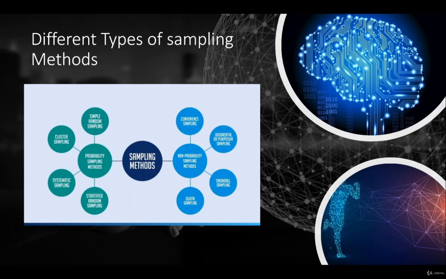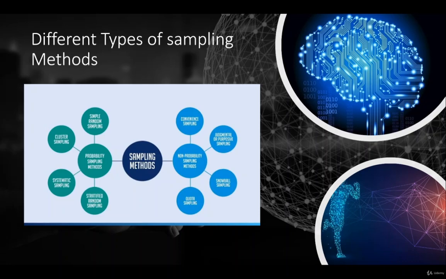Does it make the non-probability sampling method worse than the probability sampling method because the people are not necessarily 100% random? No, but at the same time it's not the best. So usually experts prefer using the probability sampling method because it's more randomized than the non-probability sampling method.